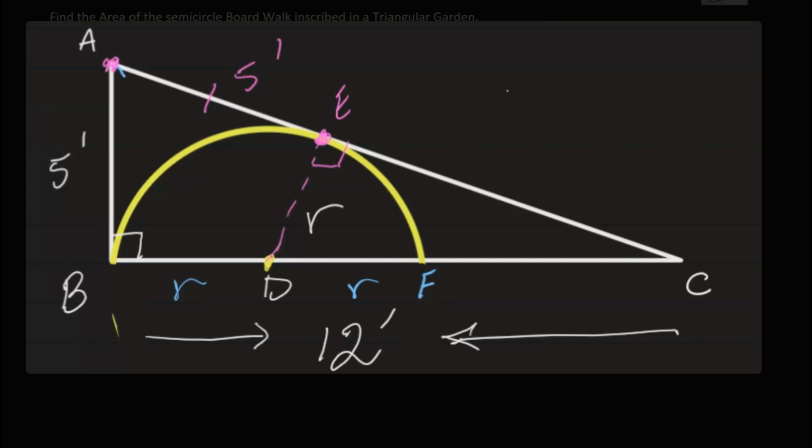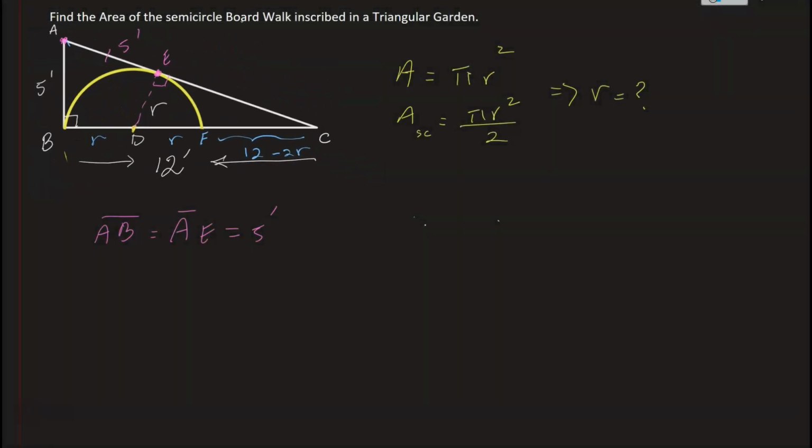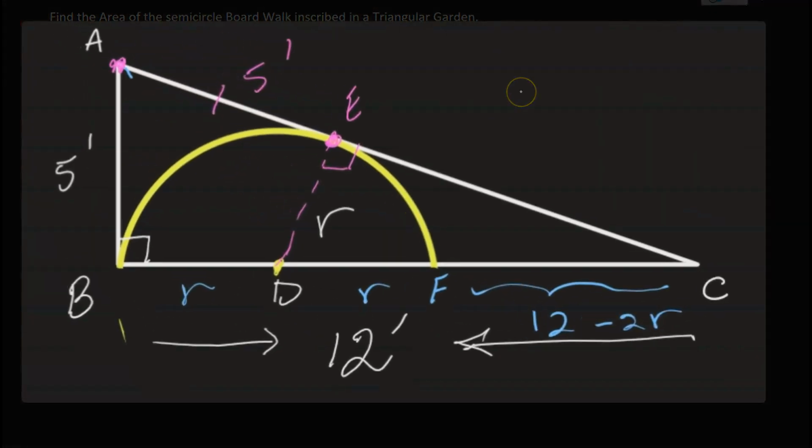Therefore, this length right here will be 12 minus 2r. Now we can use triangle DEC to write up the Pythagorean and solve for the radius r.